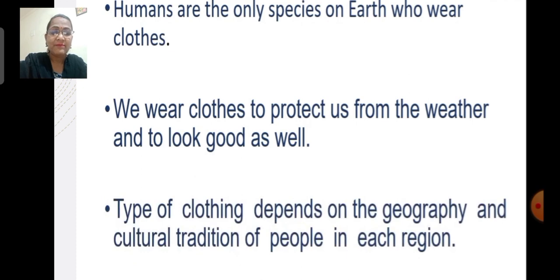And the type of clothing depends upon the geography and cultural condition of people in each region. That means the type of clothing also depends upon the place we live, the culture that we follow and the tradition that we follow.